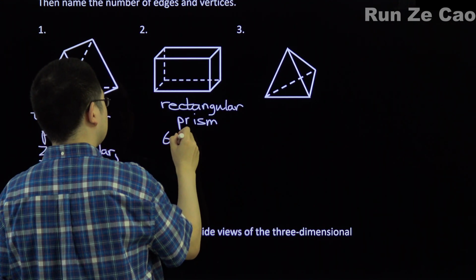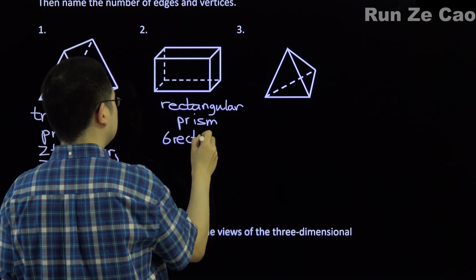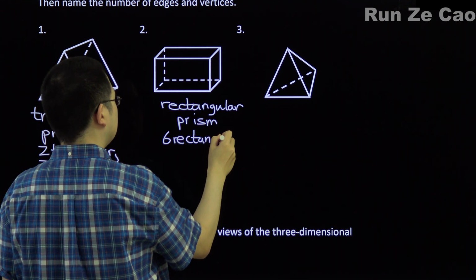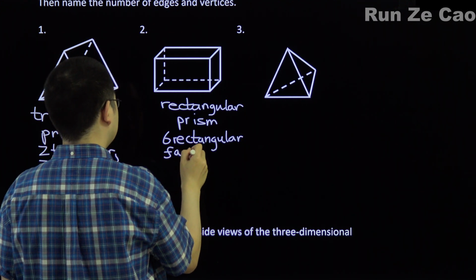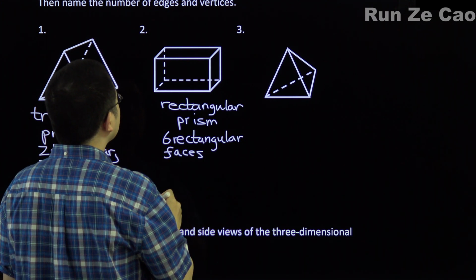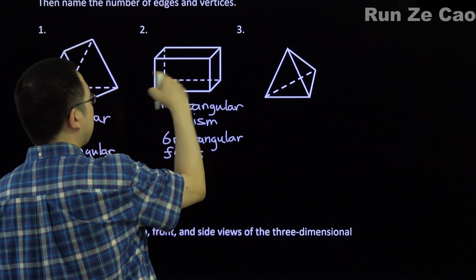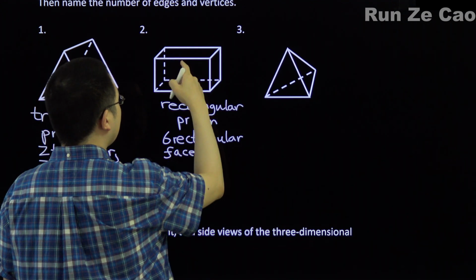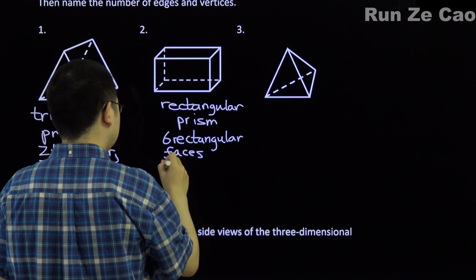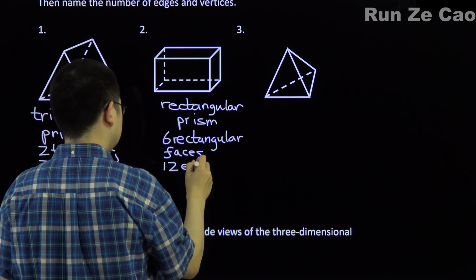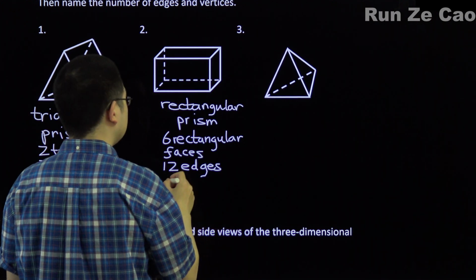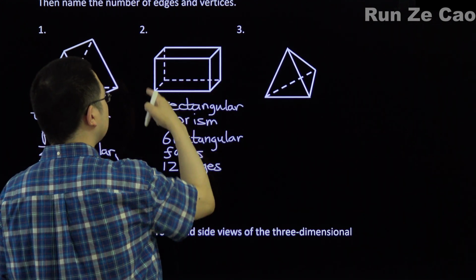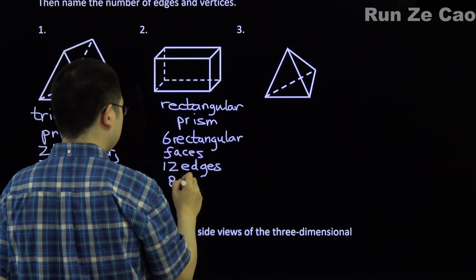So 6 rectangular faces. There are how many edges? There are 4 edges for each base, and then 4 edges connecting them. So 12 edges. And 1, 2, 3, 4, 1, 2, 3, 4. So 8 vertices.